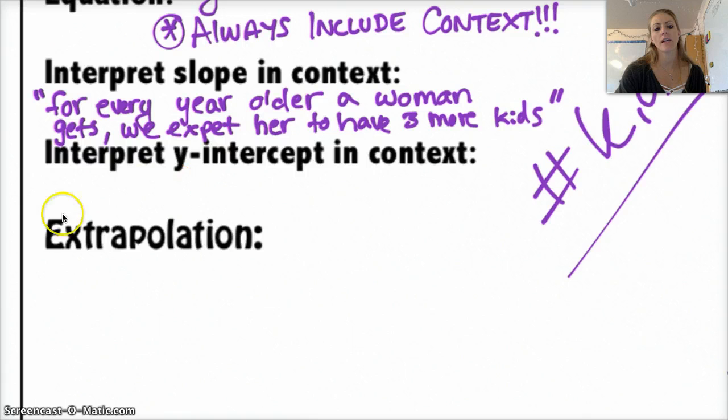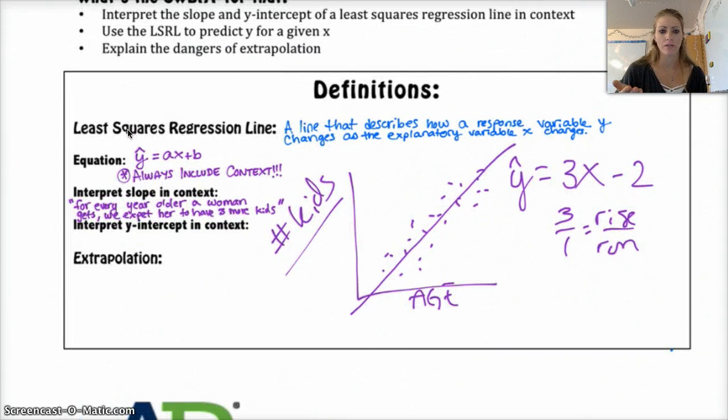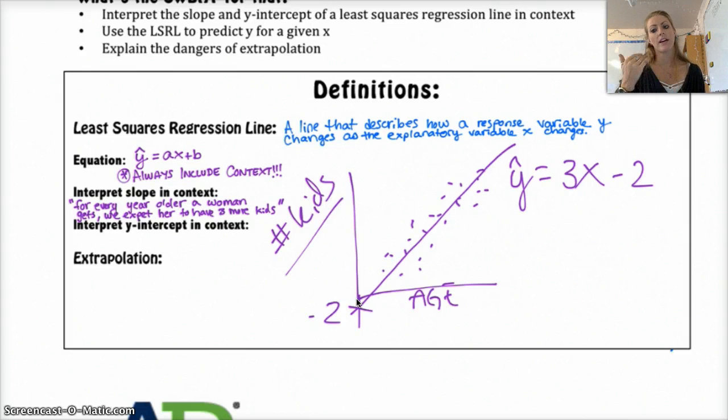Okay, so same thing with the Y-intercept. So you might also need to interpret what the Y-intercept is. And in this case, my Y-intercept is -2 from the problem that I gave you. And basically all that means is that if the x value is 0, then the y value would be -2.